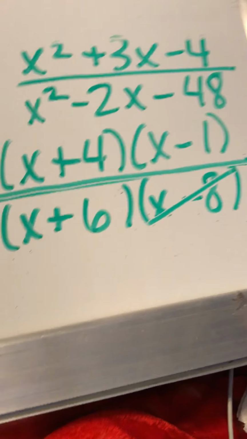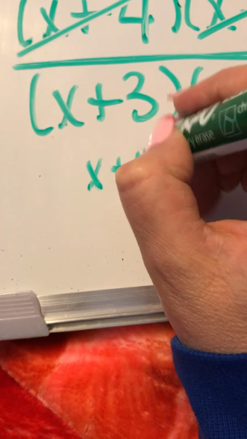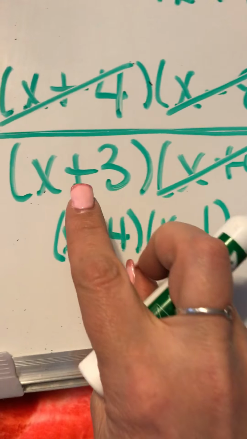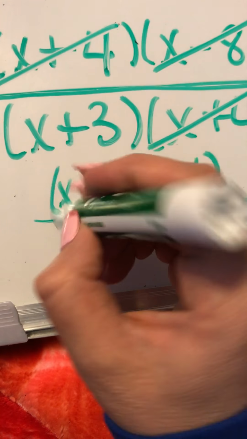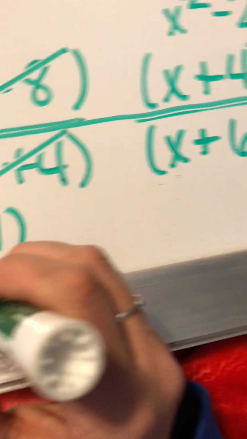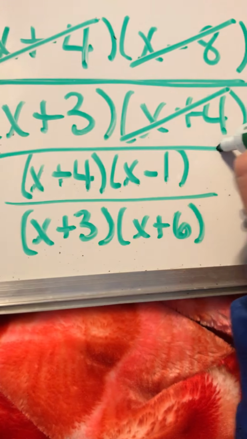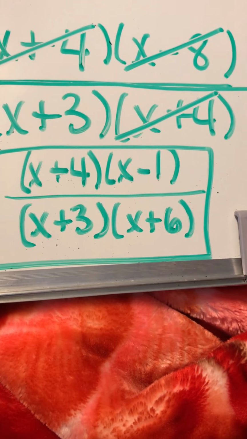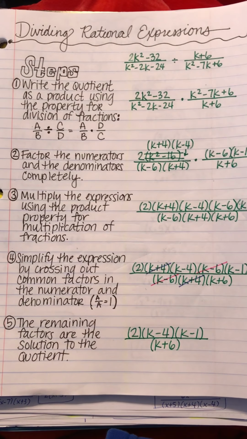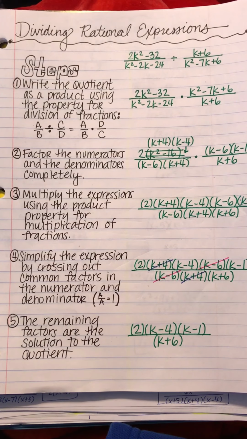In the numerator I have left x plus 4, x minus 1, and in the denominator I have left x plus 3 and x plus 6. And that is dividing rational expressions. You can go ahead and go to the review right now and practice the multiplication and division of rational expressions.